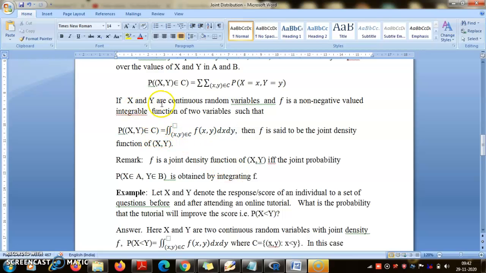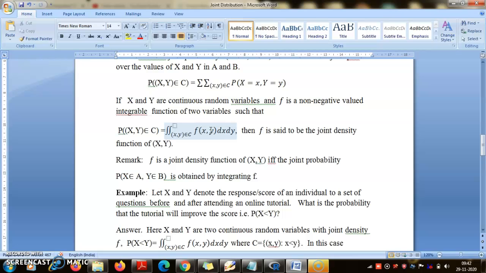Similarly, if x and y are two continuous random variables, and let f be a non-negative valued function of two variables, such that you compute these probabilities by integrating f over C, then you call f the joint density function, because you are computing the joint probabilities by integrating this function of two variables.